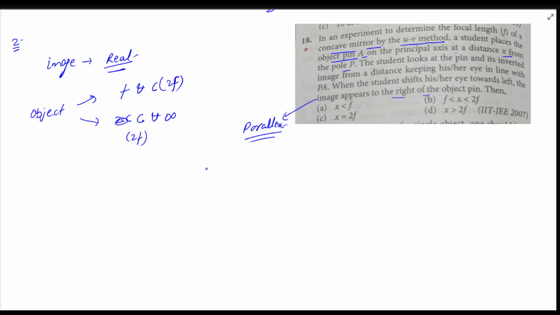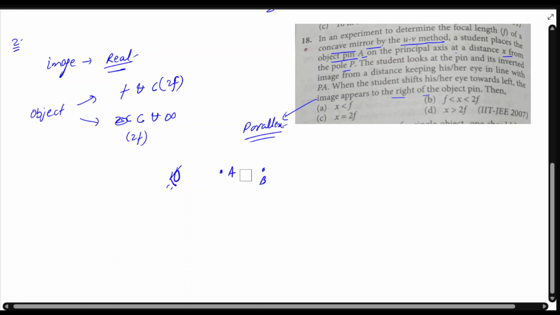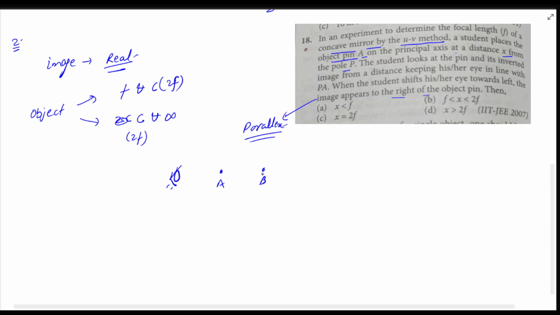So how do we know, if two objects, let's say this is object A and this is object P, and this is our eye, how do you know if A is near to your eye and P is far away? So we do this experiment. You can also do it.